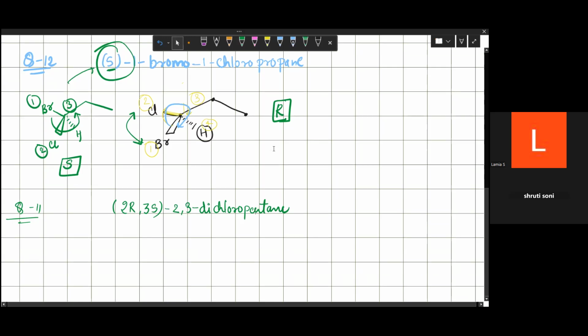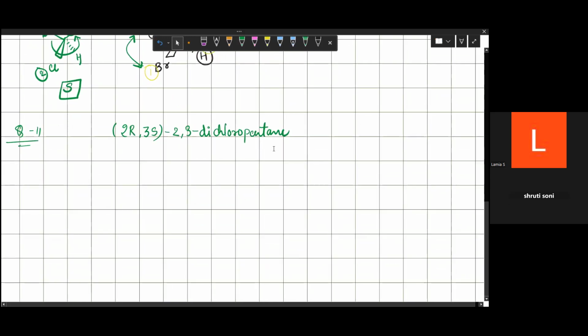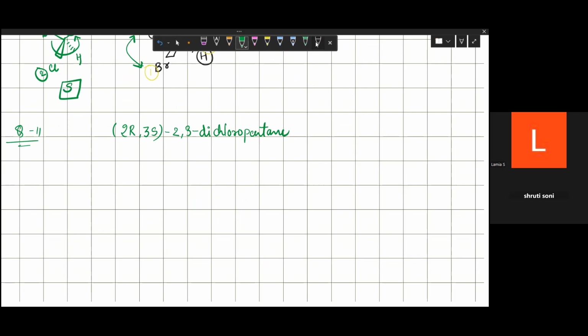Now draw for this one. Do you understand how to draw the structure?